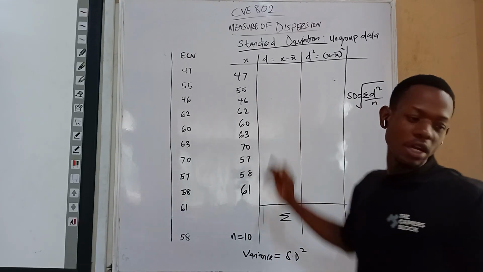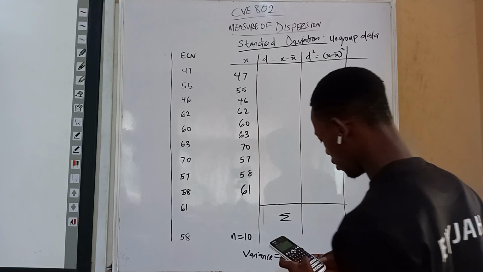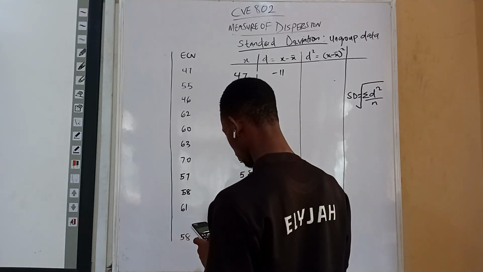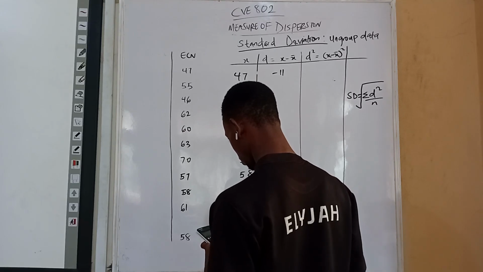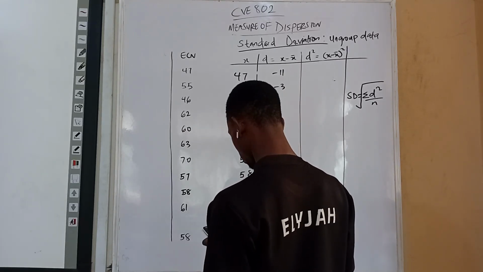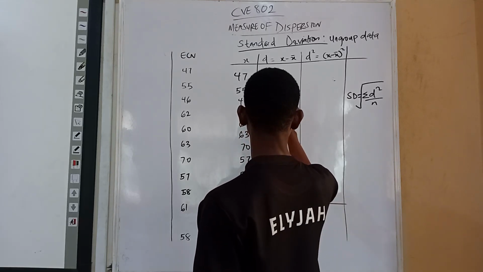So the deviation from the mean is x minus the mean. So this is 47 minus 58, which is minus 11. The next one is 55 minus 58, minus 3. This one is 46 minus 58, minus 12.